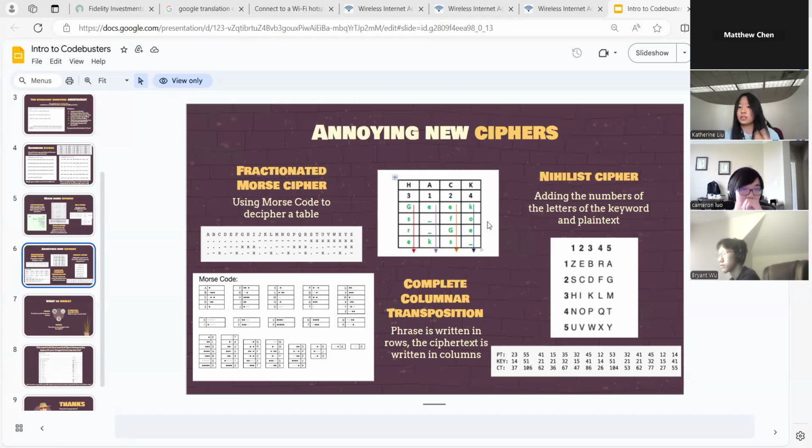Then to get the cipher text, you're going to add the letters of the plain text and the key, and then it'll give you an addition result. The question will give you all the sums, and then you'll have to undo it and find the original text.